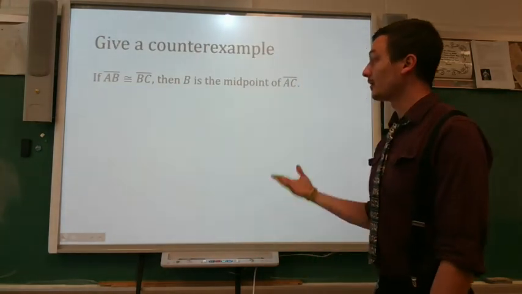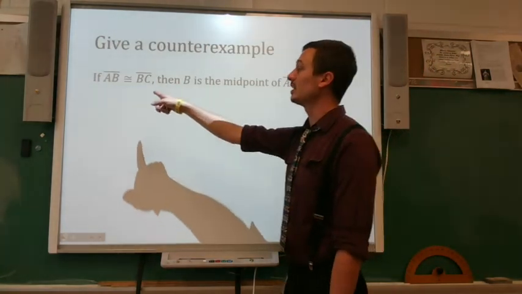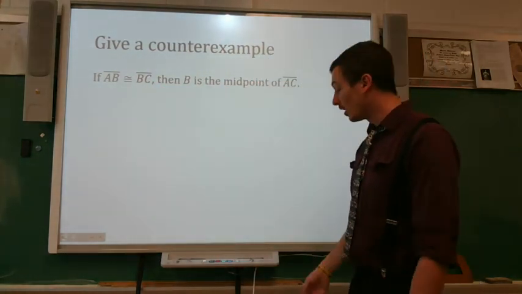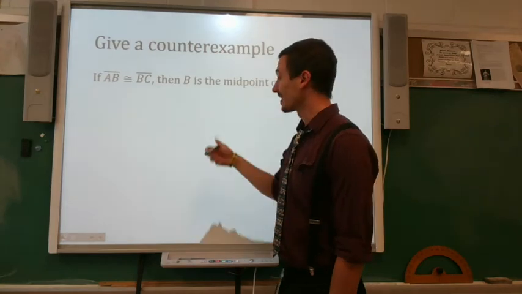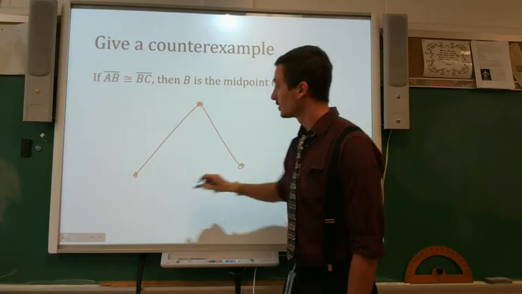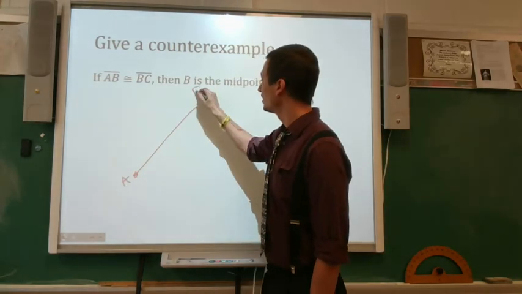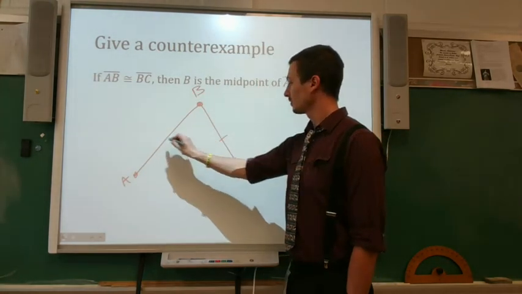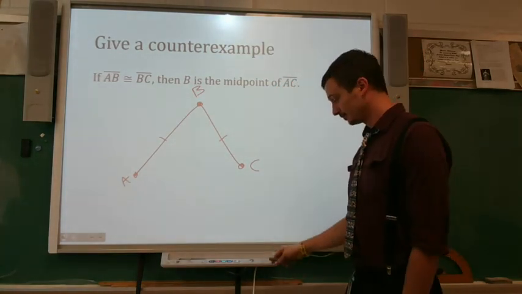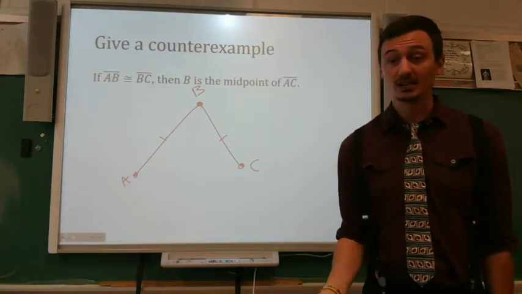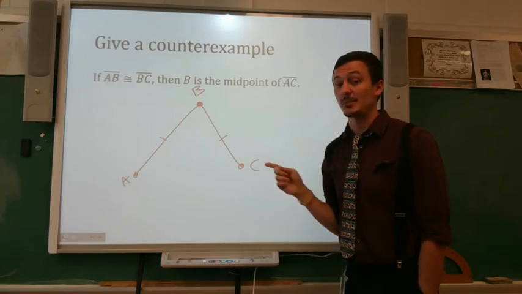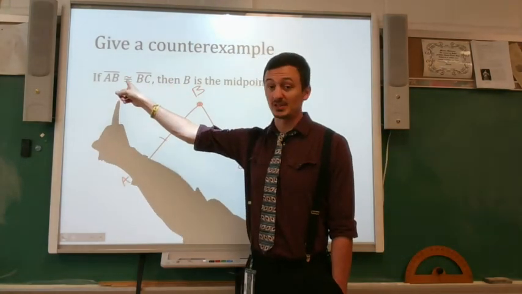So if we have, if segment AB is congruent to segment BC, then B has to be the midpoint of segment AC. Well, that's not true, because I can also draw a picture. So here, segment AB is congruent to segment BC, but B is not the midpoint of AC. So a diagram can also be a counterexample. Whatever you can do to say, hey, no, something else happens. If this is true and something else happens, that's your counterexample.